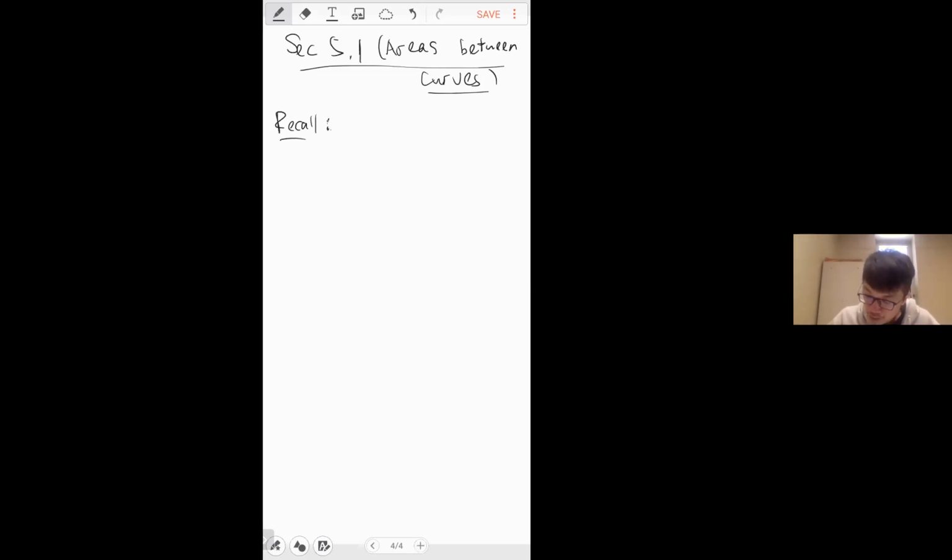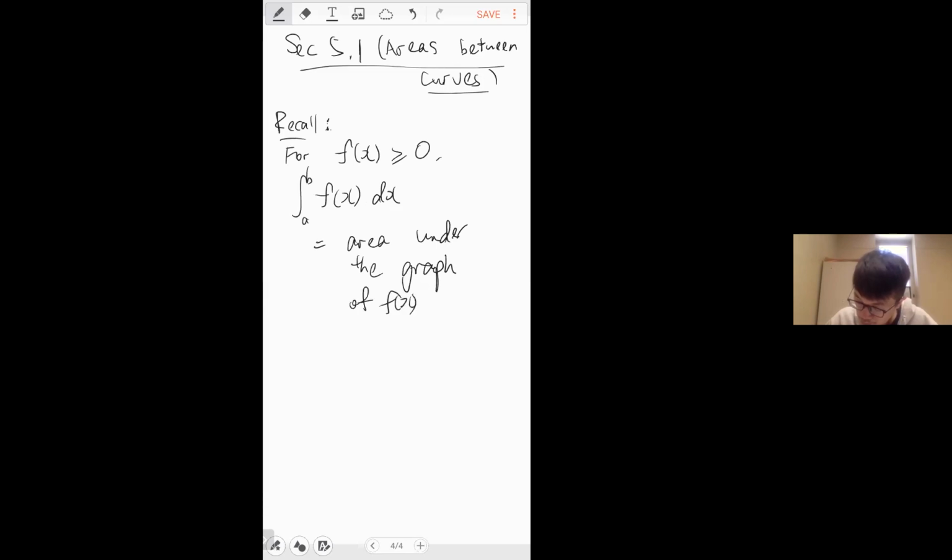So let's recall what the area under the graph is again. Let's just consider positive functions f of x. That means it's always above x. Then this integral right here is the area under the graph of f of x from a to b.